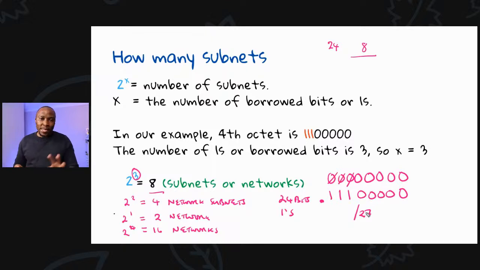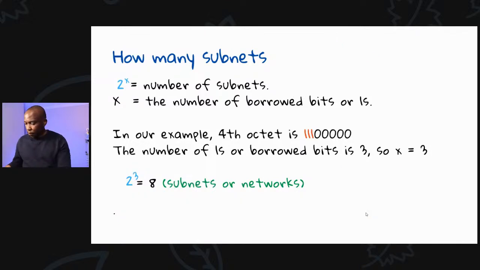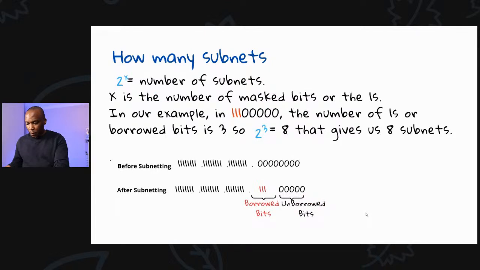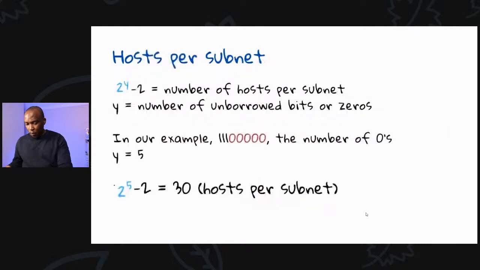Now let us look at the number of hosts that you can have per subnet. The formula for the number of hosts per subnet is 2 to the power y minus 2, where y is the number of unborrowed bits, or the number of zeros.